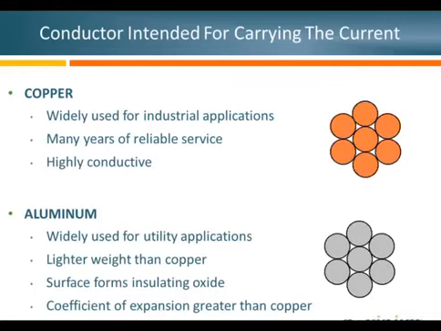And again, its thermal expansion is greater than copper, so it expands and contracts more, and therefore tends to work the connector loose if it is not installed properly. So you have more installer error on aluminum than you do on copper.